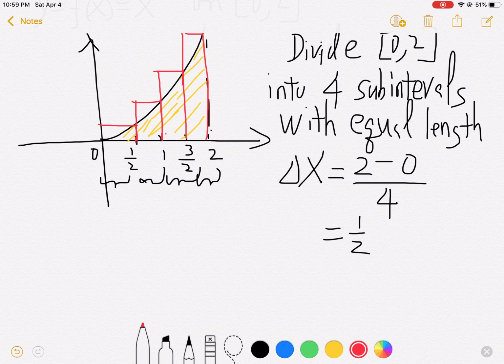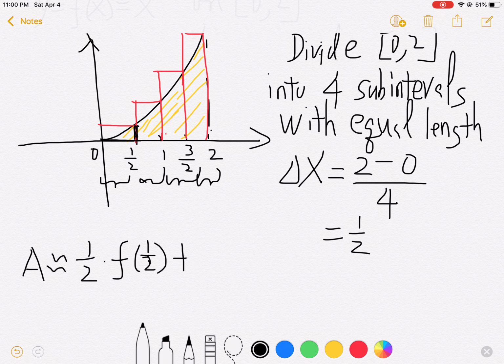So the area can be approximated by, for each rectangle, the base times the height. The base here is 1/2, right? This is the length for each subinterval times the height. The height for this one is here. This is the f of 1/2, right?